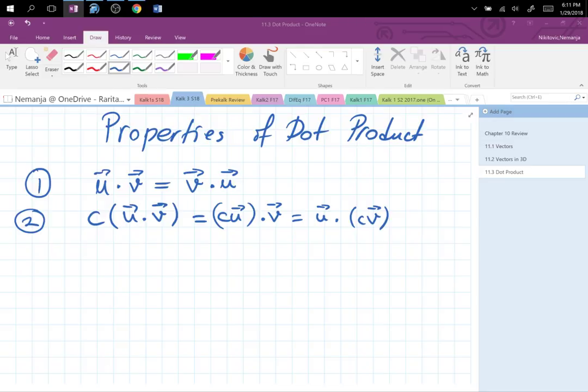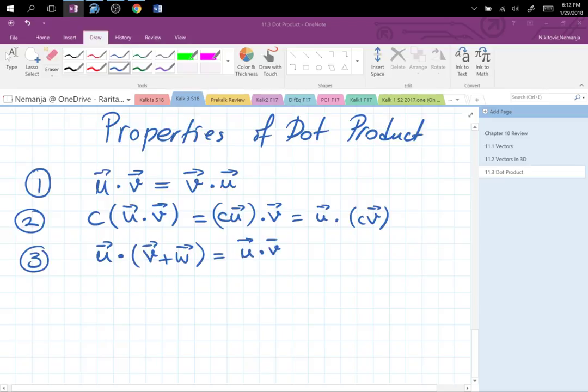And then finally, the distributive property of the dot product. So vector u, dotted with the addition of two vectors, is going to be distributive. You can distribute these vectors and get it.